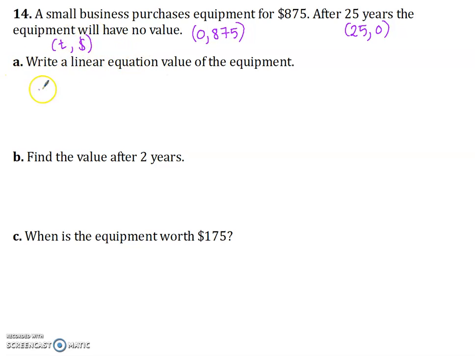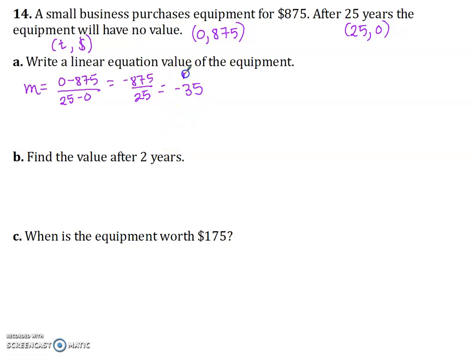To write a linear equation, I'm going to have to find the slope. So 0 minus 875. Subtract your y's on top, subtract your x's on the bottom. That'll give us negative 875 over 25, which is going to end up being negative 35 for our slope.